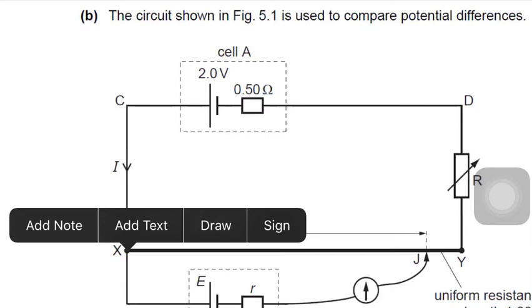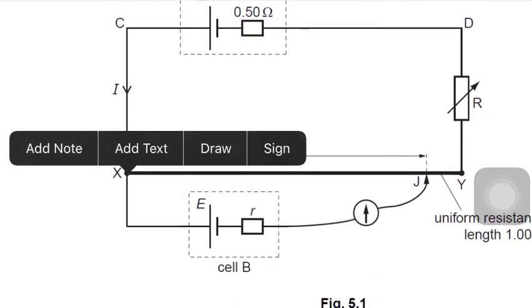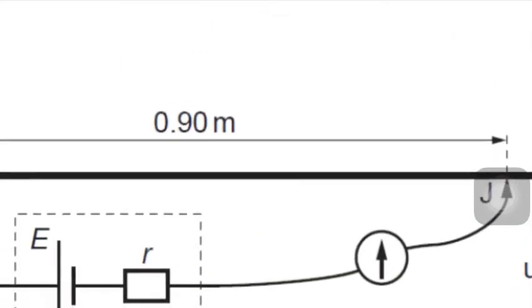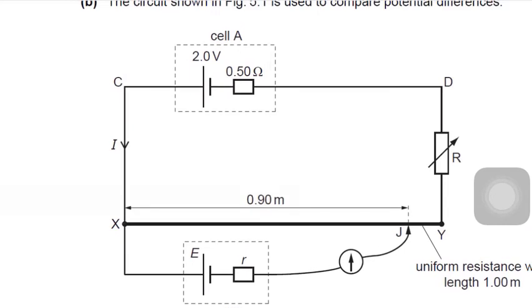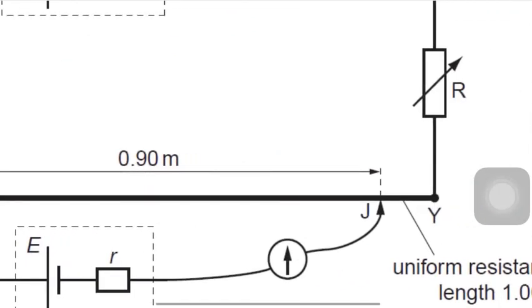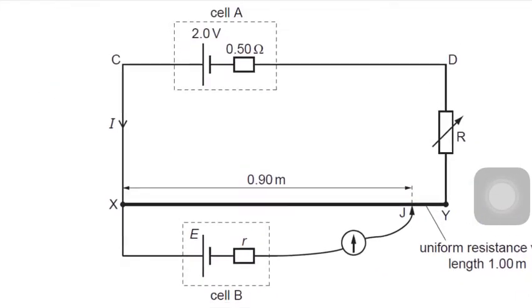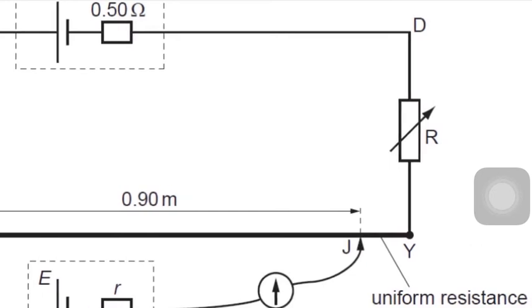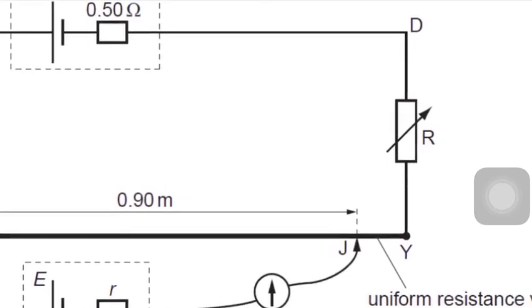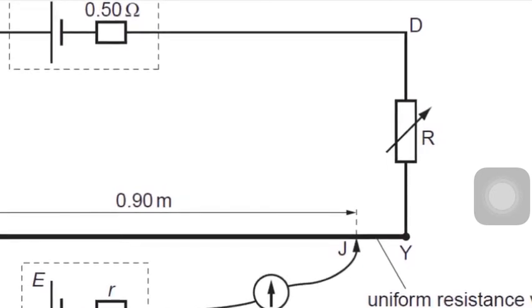Then we have the wire XY which has resistance, right? And the resistance of the wire XY, X to Y, is 4 ohms as stated in the question. Then we have a variable resistor and it is said in the question that the value of the variable resistor when we achieve the balancing is 2.5 ohms.